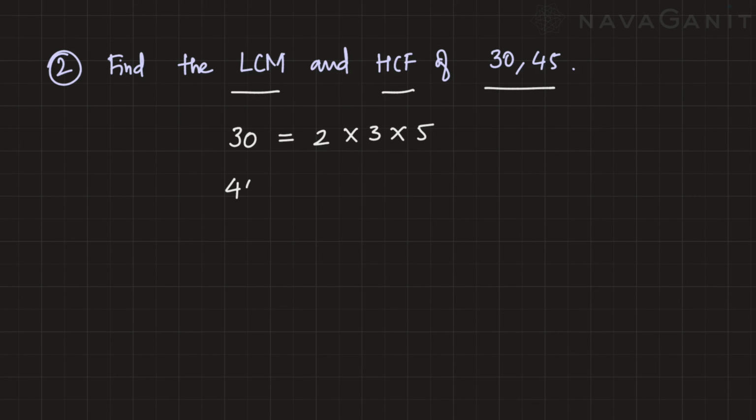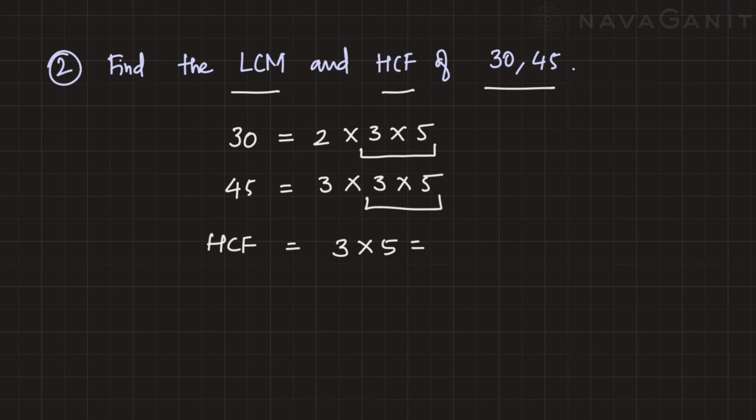Similarly, 45 can be written as 3 multiplied by 3 multiplied by 5. Now to find the HCF, we identify whatever is common to both. So in this case 3 into 5 and 3 into 5 is common. So HCF is nothing but 3 into 5, which is 15.